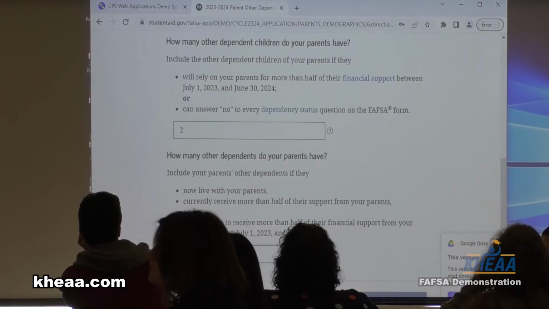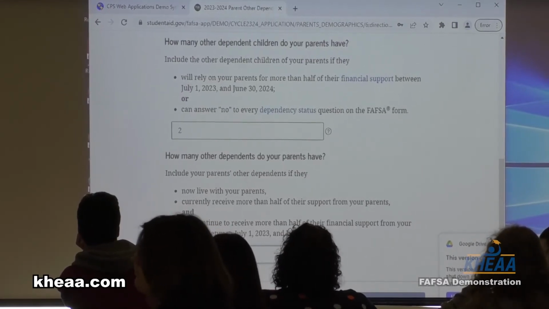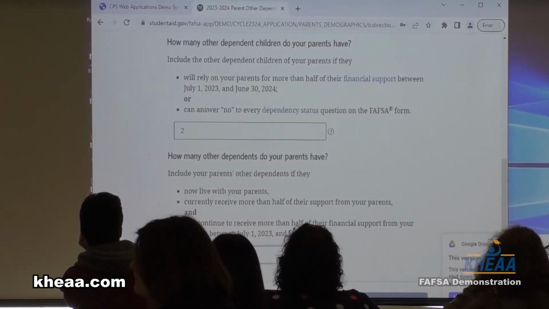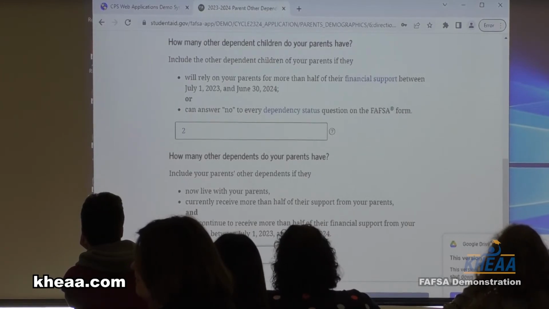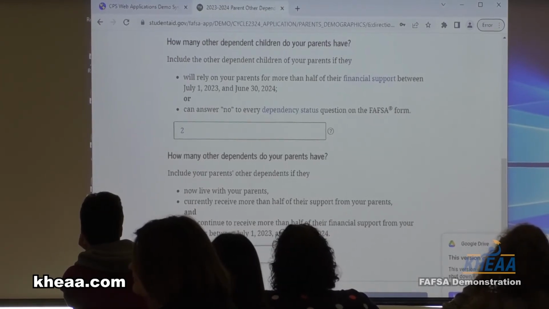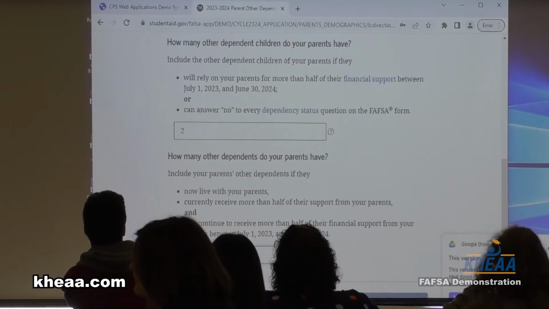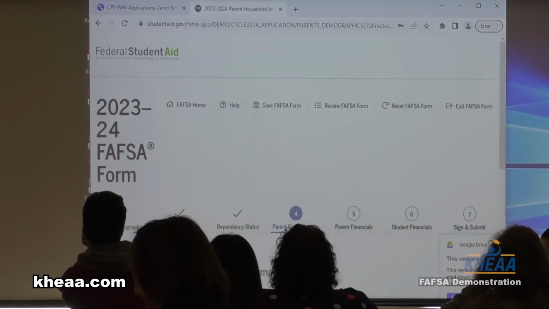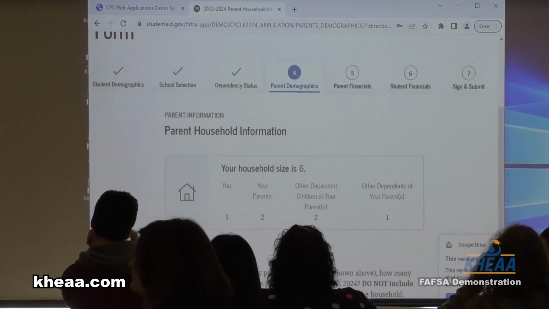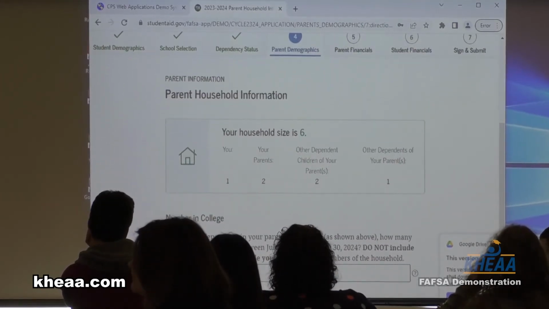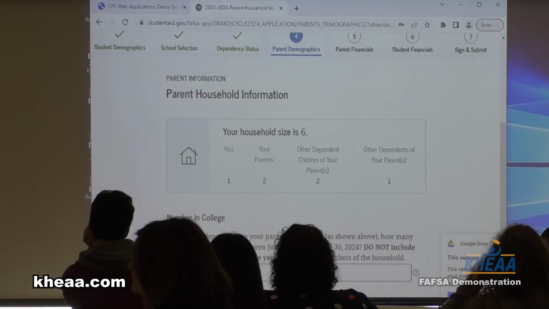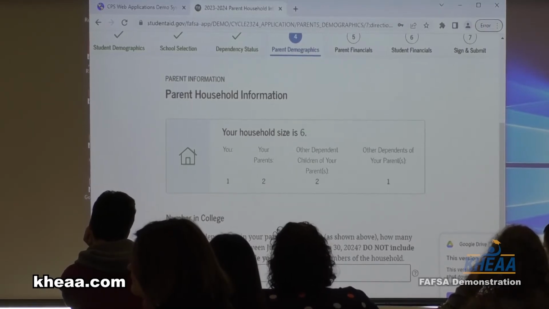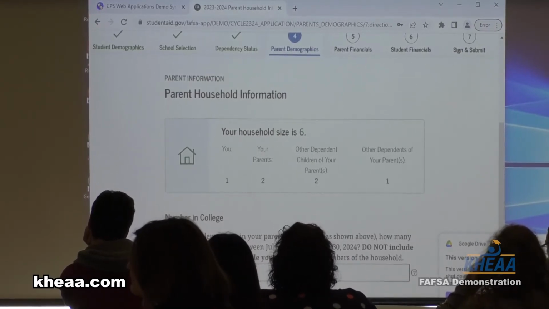So will they be living with your parents in the 2023-2024 school year? That's when you'll add somebody. So I'll put 1, just to show y'all. And on the next page, there should be 6 people in your household. So it'll be your mom, your dad, you, 2 brothers, and 1 other person. And it breaks it down.